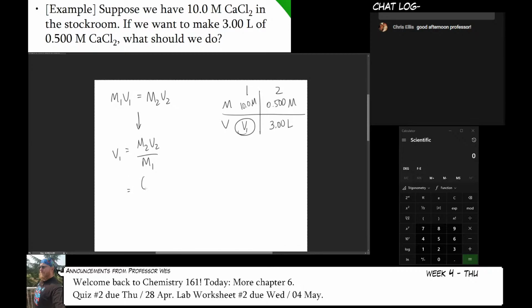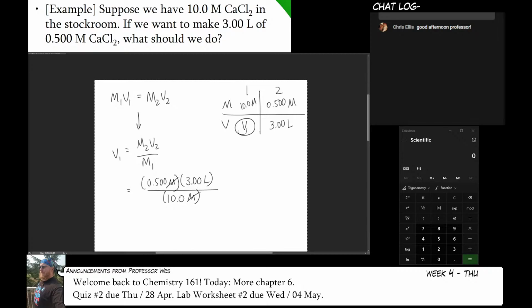So M2 is 0.500, divided by the molarity of the stock solution.